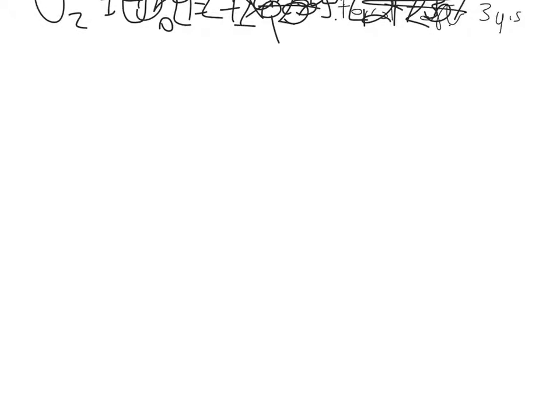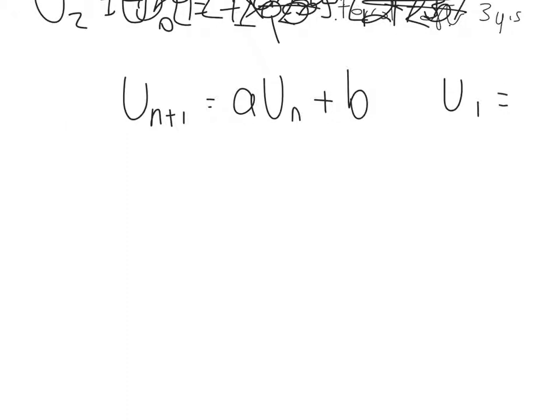Okay, next question. A sequence is defined by u_(n+1) equals a·u_n plus b, with u1 equals 4, u2 equals 3.6, and u3 equals 2.04. Find a and b. So this is a simultaneous equations type question.